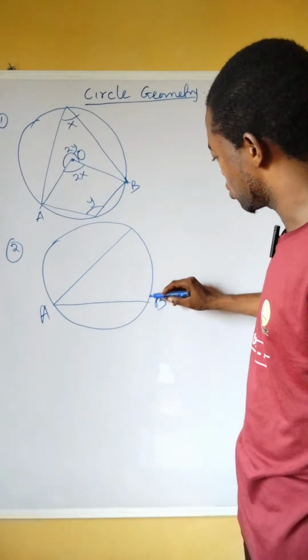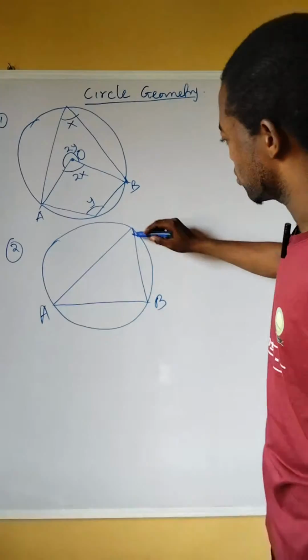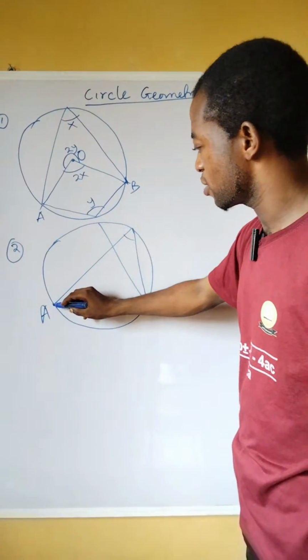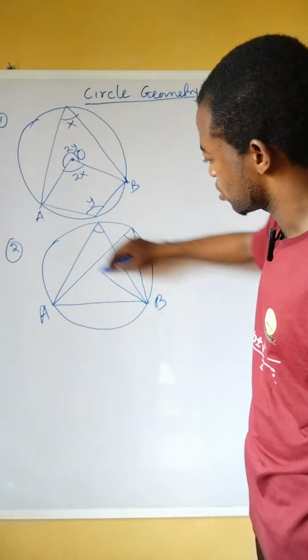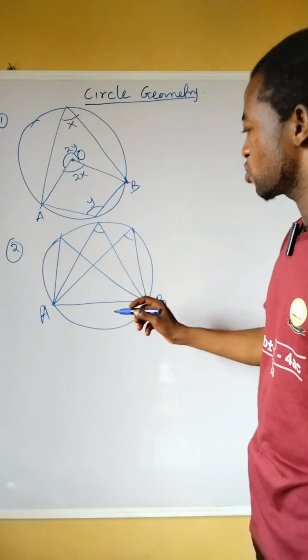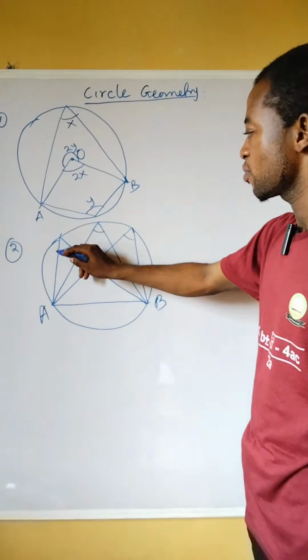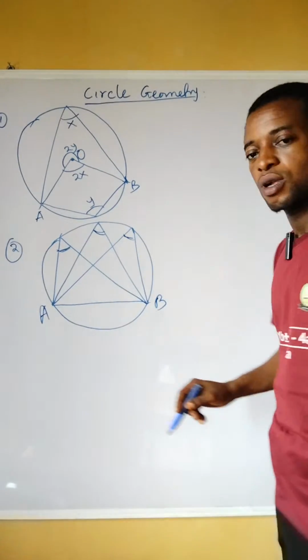This angle is subtended by the chord AB, and we also have another angle subtended by this chord. The word subtend means form. So this chord is forming these angles at this segment, and the theorem says that all these angles are equal.